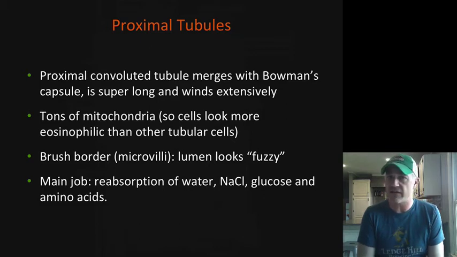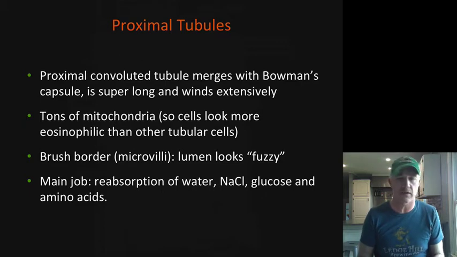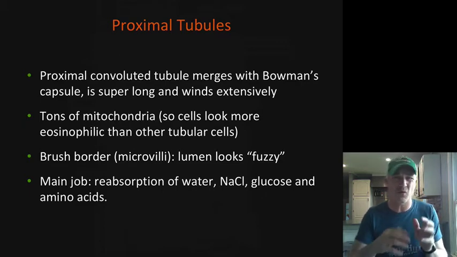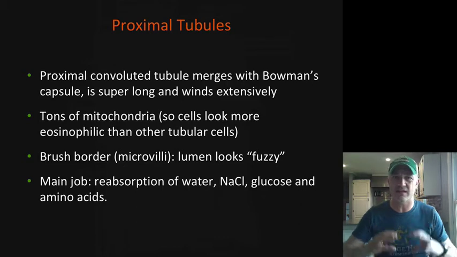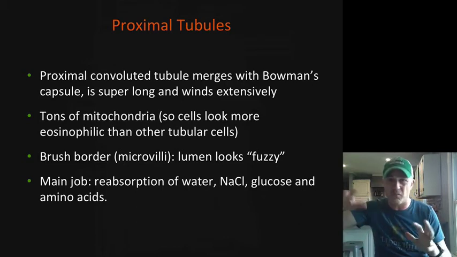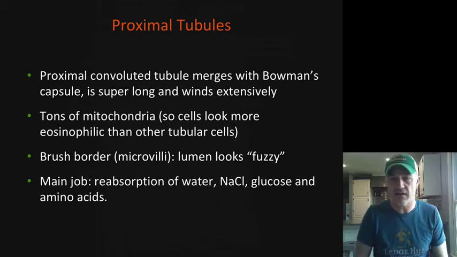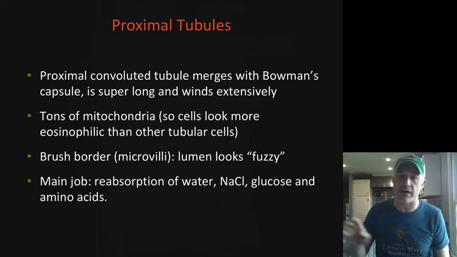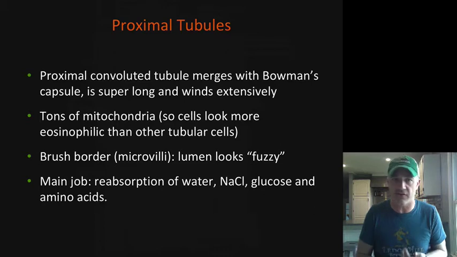The other thing is they have a brush border with a lot of microvilli, so they tend to have a lumen that looks more fuzzy but discontinuous. You don't see this perfect cuboidal cell. You see the bottom of the cell and a little messiness on the other end. And again, doing a lot of reabsorption of water and nutrients, salts, and other metabolites that we want to keep.